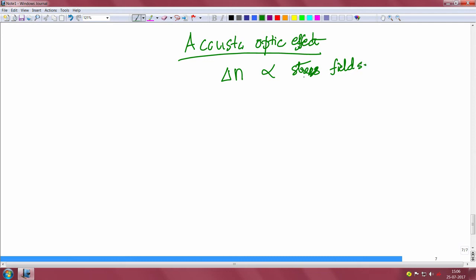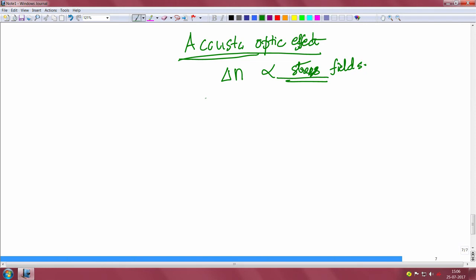In a very simple way we can say by applying pressure variations or sound variations. Let us simply say stress-strain fields. The creation of these stress fields could be obtained in various ways.